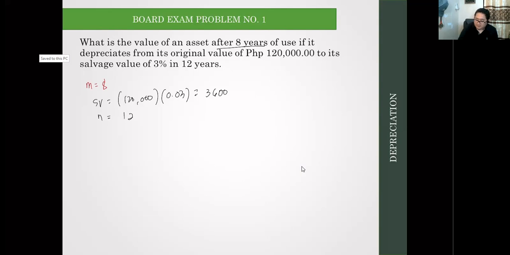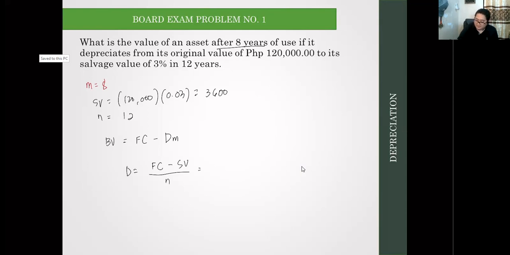Okay? So, the expected life is 12 years. What we are asked to find is the value of the asset, so the book value. Book value is equal to first cost minus the depreciation after M years. Then how do we get the depreciation? Based on the formula, D is equal to first cost minus salvage value all over the number of years of its life.